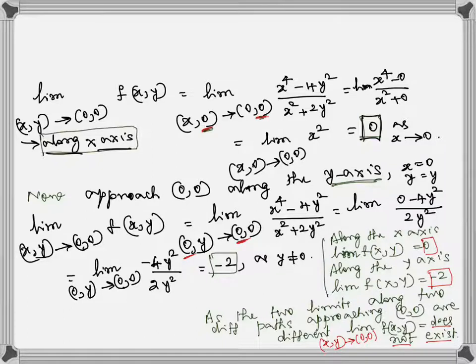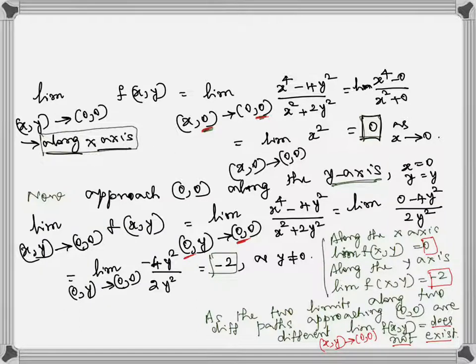But when you have to show that the limit does exist, then you have to show that along every path in the domain, as the point approaches (a, b), the limit is the same. That's more important.